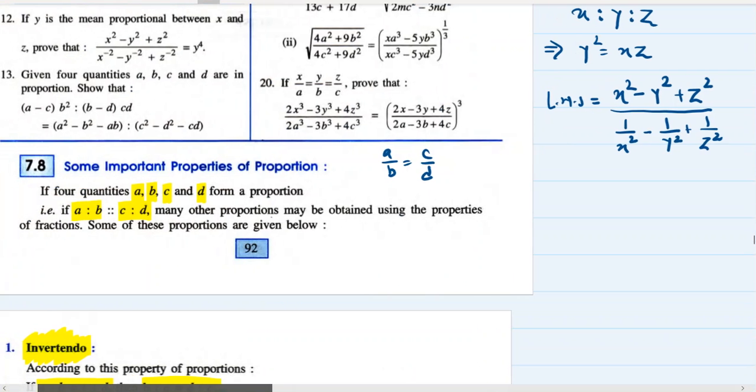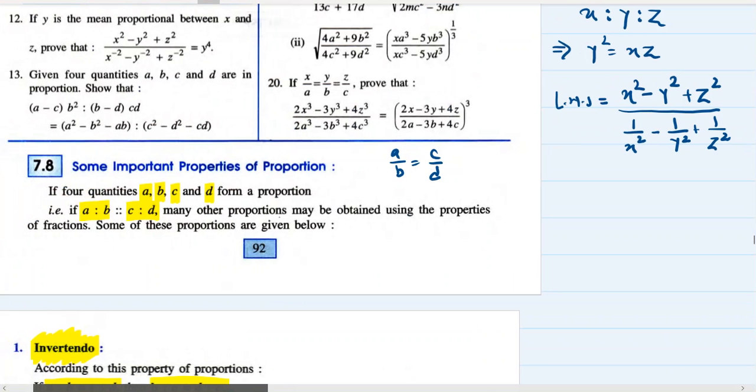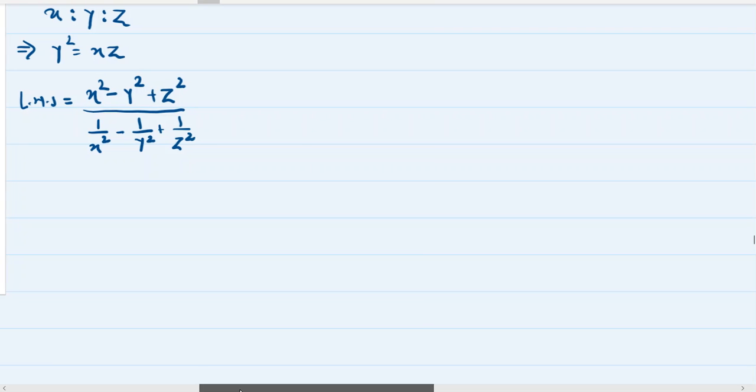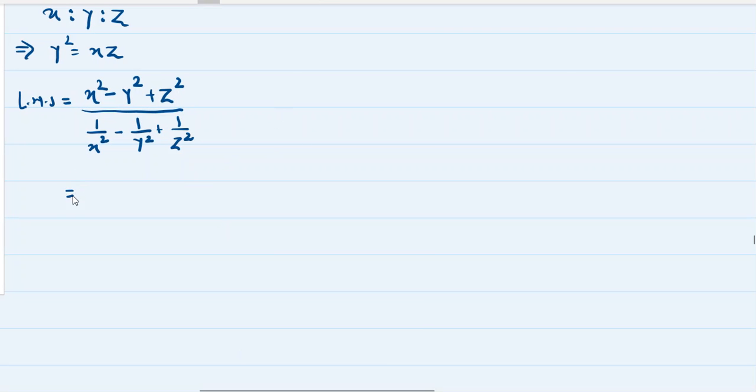Let me check the signs. Yes, signs are okay. Okay, so what I'm going to do is take the LCM in the denominator. So it will become x square minus y square plus z square, the whole upon the LCM, which will be x square y square z square.